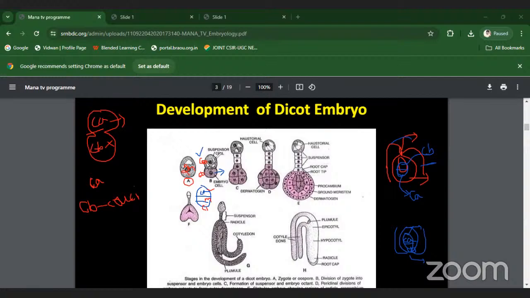The basal cell CB plays a minor role, as I told you earlier, in the later development of the embryo. Here the basal cell CB develops into the suspensor.